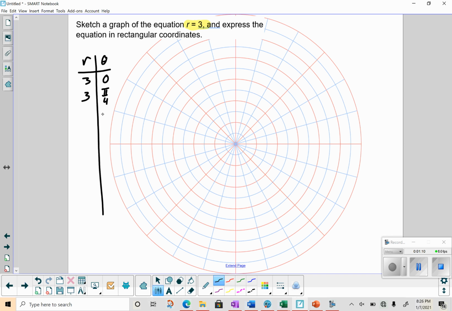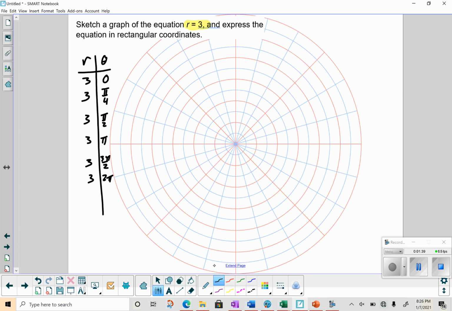If theta is equal to pi over 2, r equals 3. If theta is equal to pi, r is equal to 3. If theta is equal to 3 pi over 2, r is equal to 3. If theta is equal to 2 pi, r is equal to 3. I'm just reading that equation over and over again, and now I have 6 different points to plot.